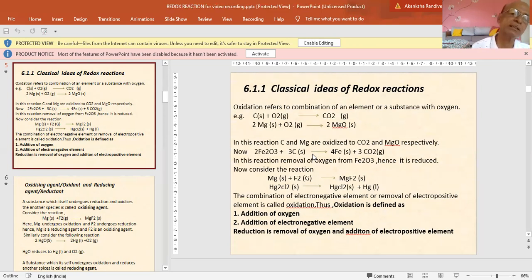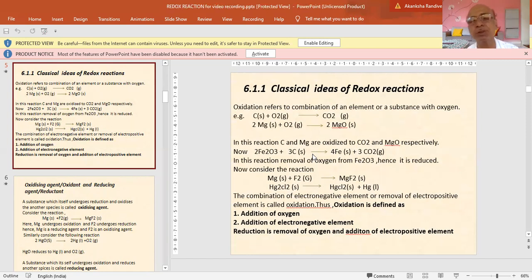Now, let us consider another example to explain the redox reactions. 2Fe2O3, ferric oxide, plus 3C gives 4Fe solid plus 3CO2 gas.